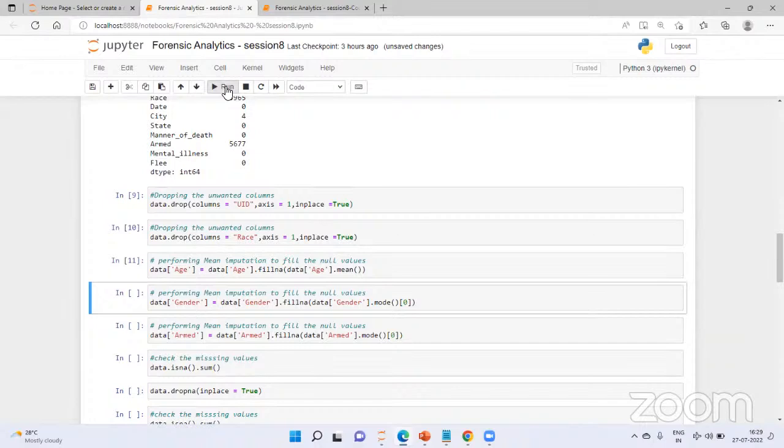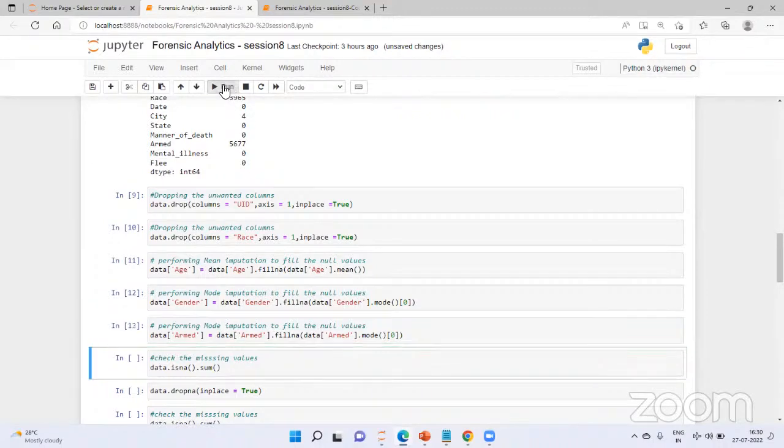So before it was mean imputation, now mode for gender. It is mode only. It is also mode. Done. Next.